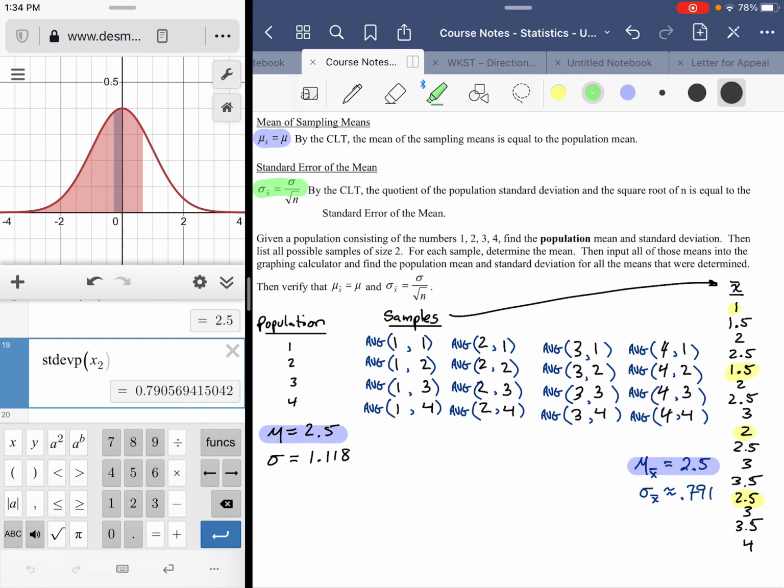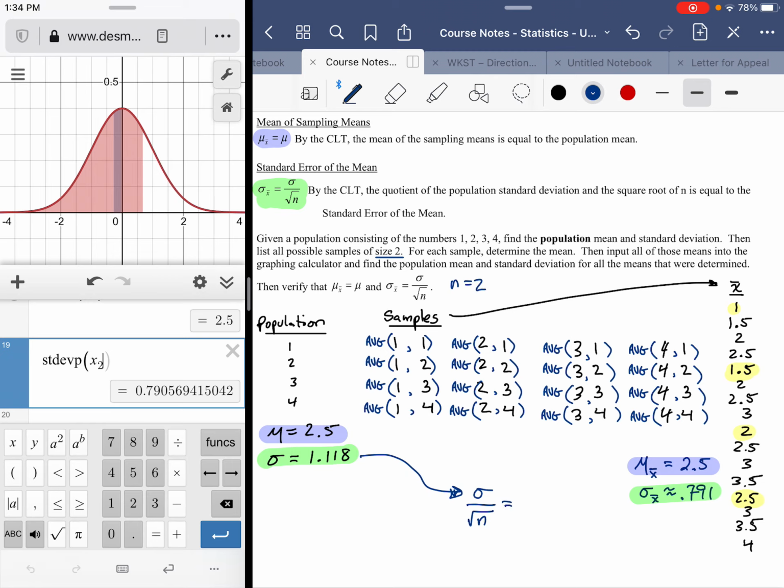All right, so they told us up here that sigma sub x bar should be equal to sigma divided by the square root of n. So let's see about that. So sigma divided by the square root of, well, samples of size 2. So that's telling us that n is equal to 2.